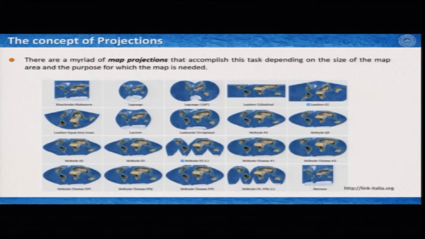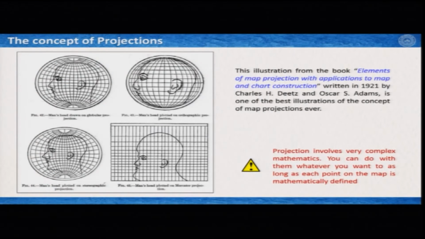Now, there are many ways one can project the map. The different ways are essentially a function of what your need is in projecting the map. So, based on that, people do project the map in different ways. This is not only valid for maps, you actually can project anything in different ways.